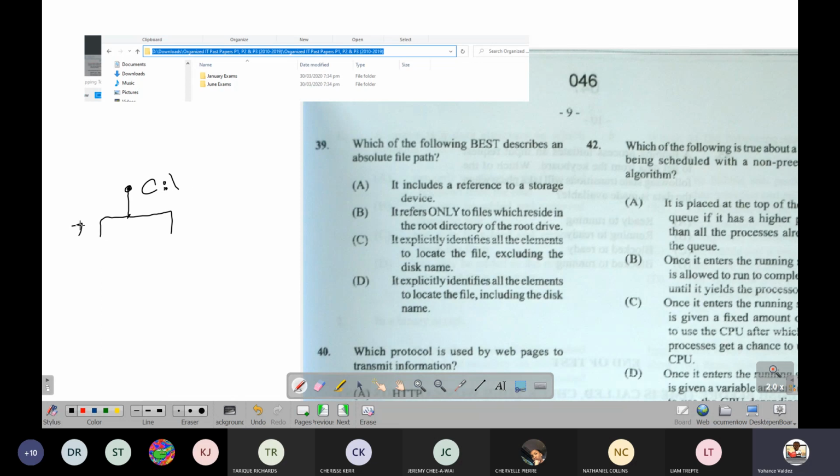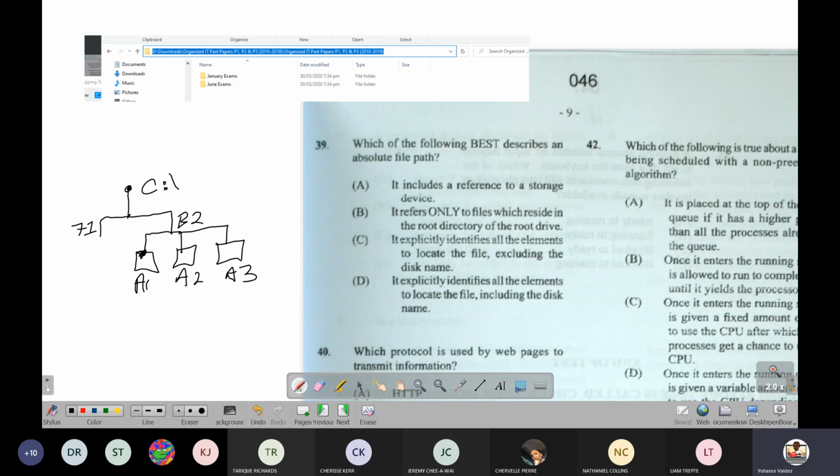So I have F1 as a folder, and then I have B2 as a folder, and inside of B2, I have some files, A1, A2, and A3.